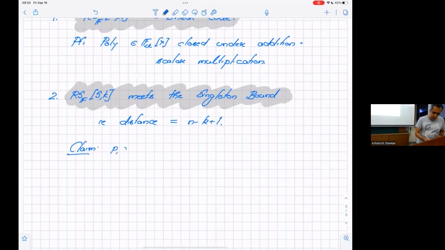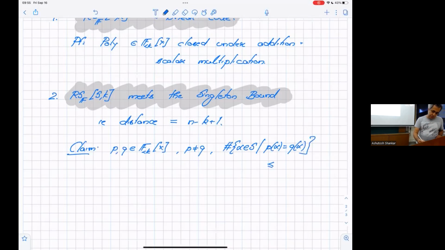If P and Q are polynomials of degree less than k and P is not equal to Q, that is, there is some coefficient where they differ, then the number of alpha in S such that P(alpha) equals Q(alpha) is at most k minus 1.